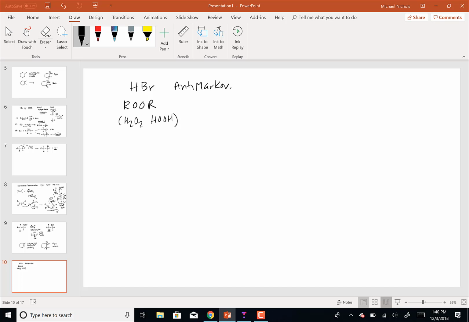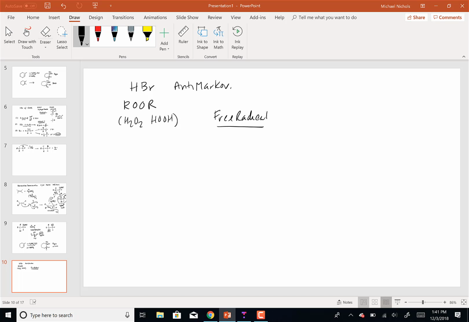If we add organic groups to the end of the oxygens, we make an organic peroxide. So if we add the peroxide to HBr, we're going to get anti-Markovnikov addition, which means that the mechanism has completely changed to that of a free radical mechanism.